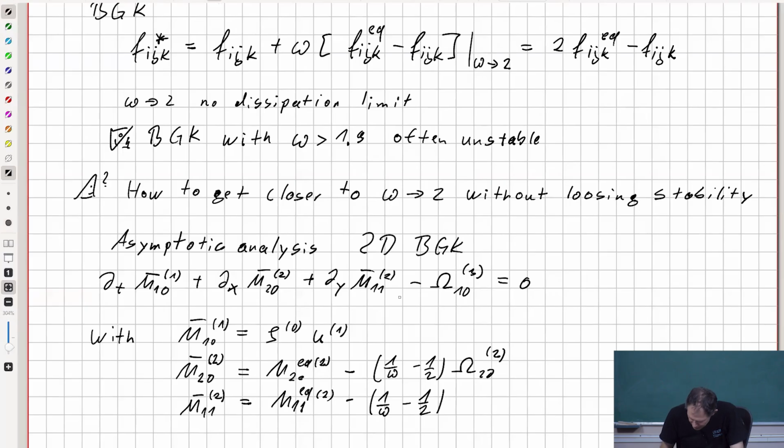And here comes theta. This is not beautifully written. There's a theta. Omega 11 to the second order.